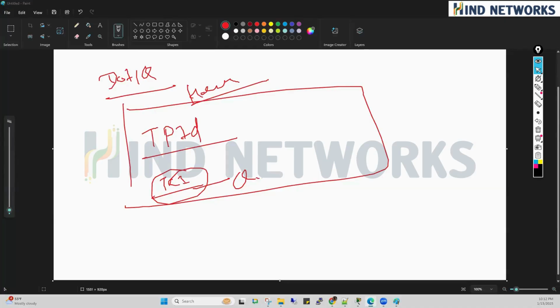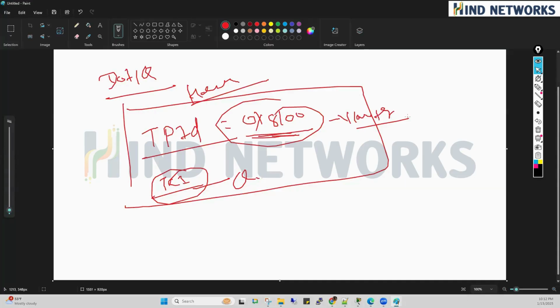Please remember, in TPID you will get the fixed value 0x8100. What is the use of 0x8100? This field is telling you that a VLAN tag is attached inside your packet.